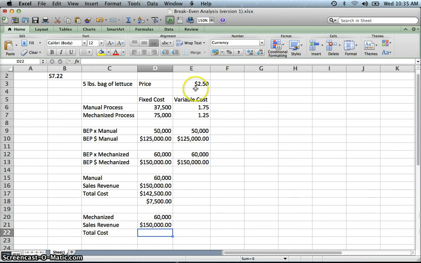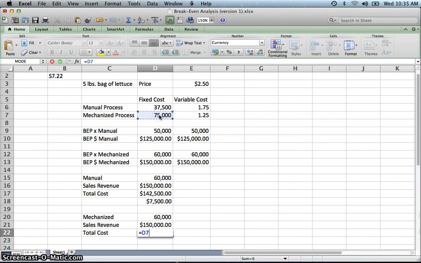The reason I know that is, think about that. 60,000 is the break-even point for the mechanized. So we know that that's going to be the case. 60,000, if these match up, then the profit and loss is zero. We don't lose money, but we don't make money. But we'll verify that. So let's figure out the total cost.